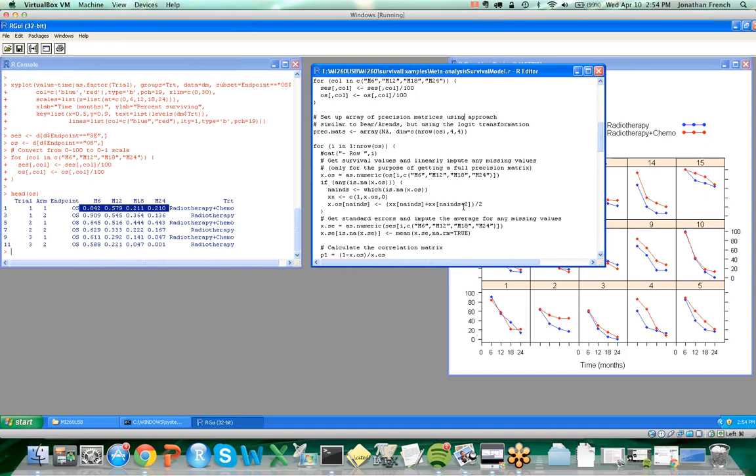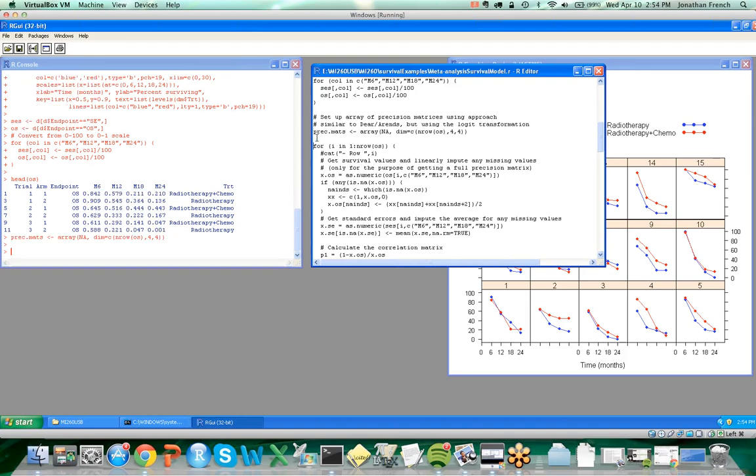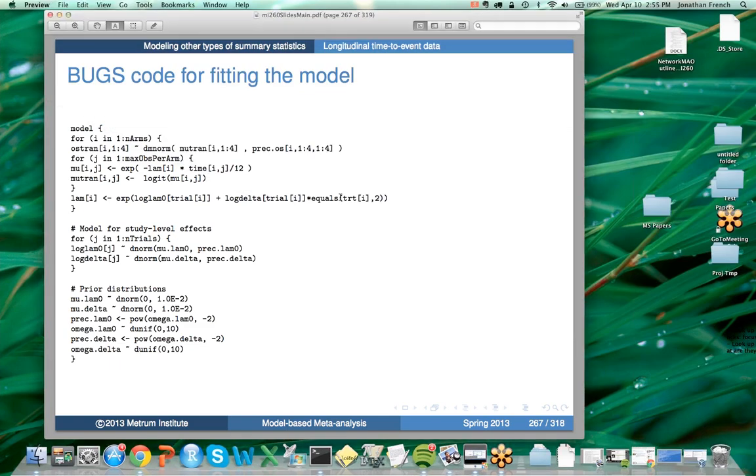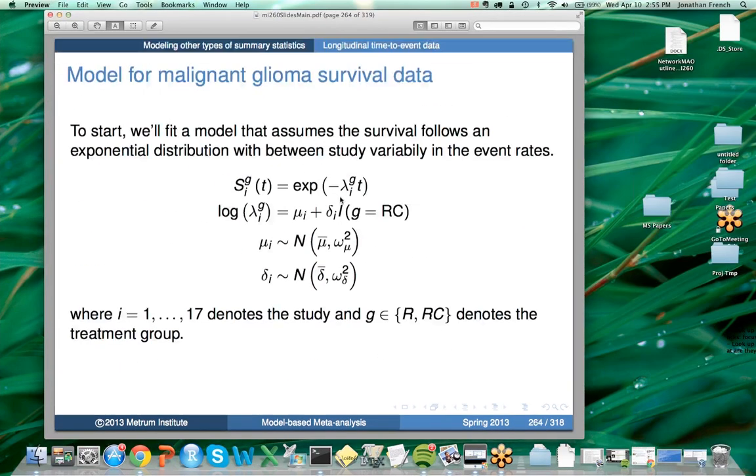Now the next chunk of code is creating our precision matrices that we're going to feed into R. It's a fairly long bit of code to do the calculations that are shown on this slide here.